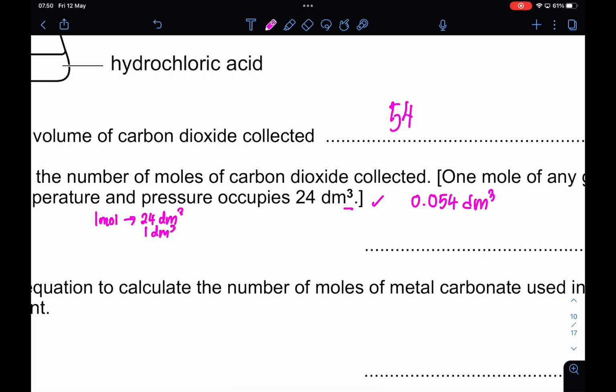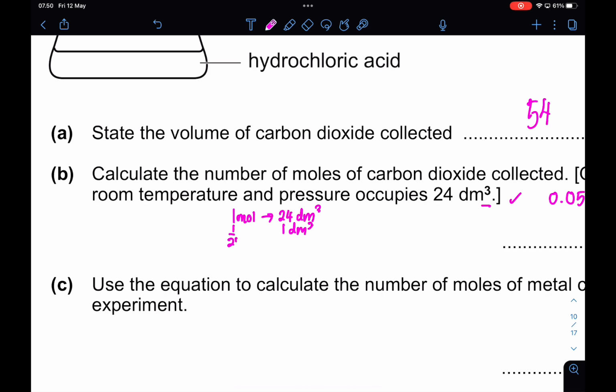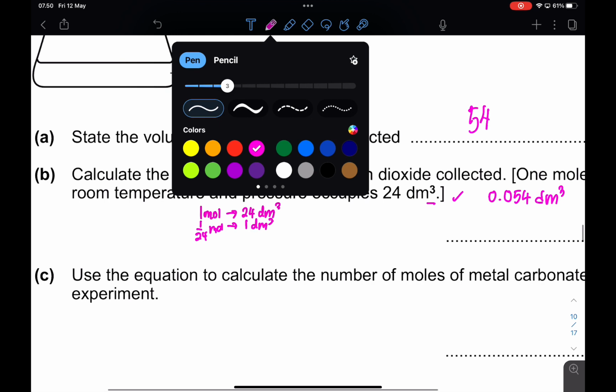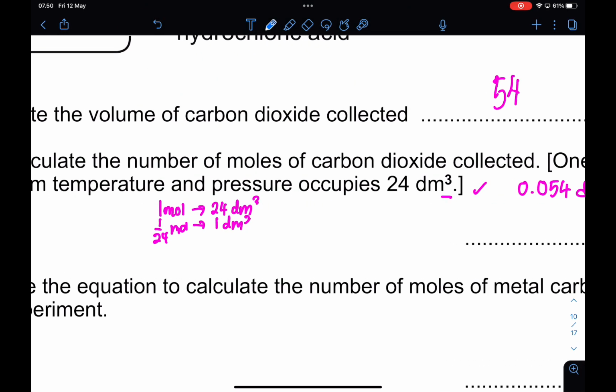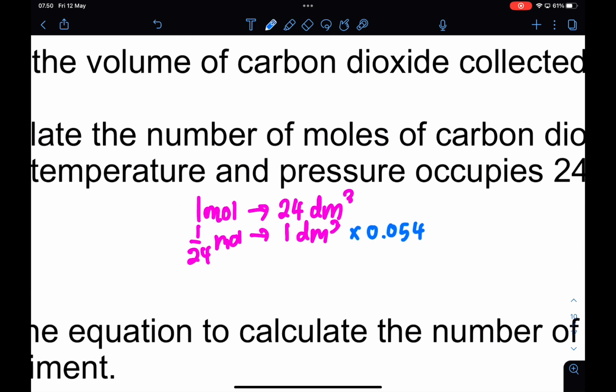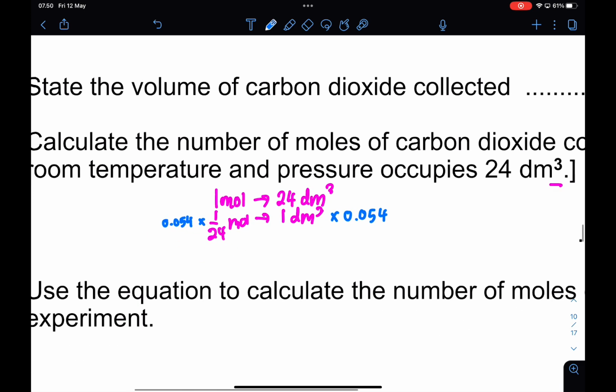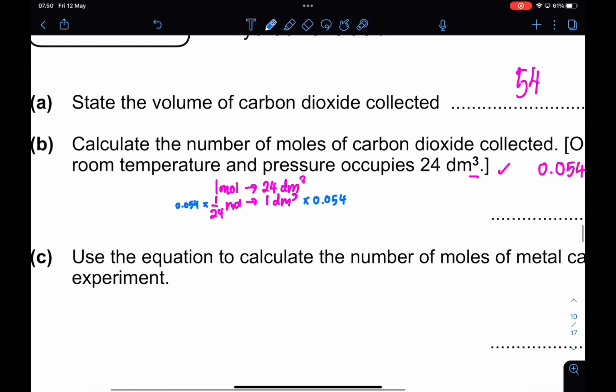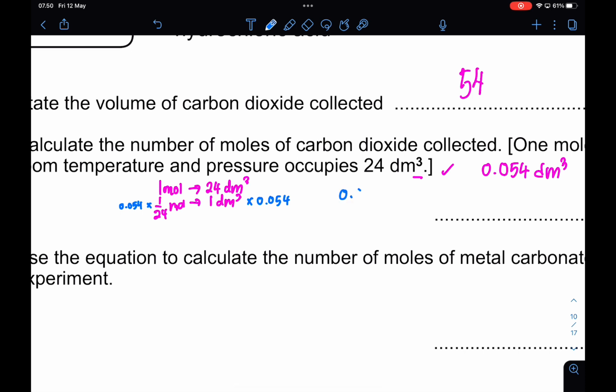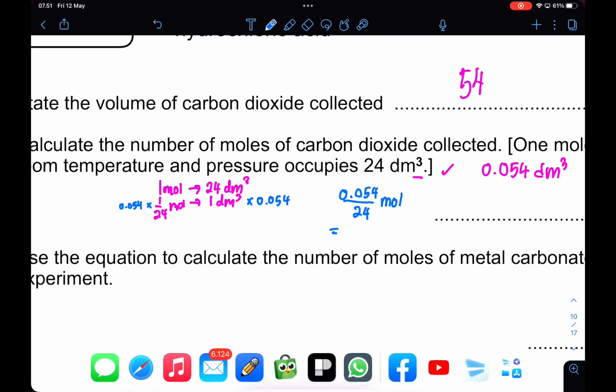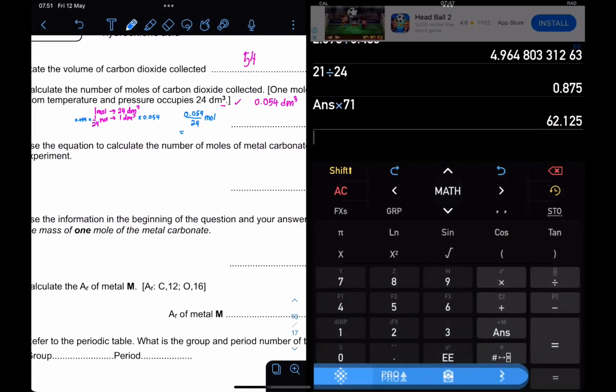And then use the same way that I taught you just now. 1 mole of any gas will have 24 dm cube. So 1 dm cube is 1 over 24 moles, and I am looking for 0.054, so times 0.054. So here also you need to times by 0.054, so we can get how many moles. So you just need 0.054 divided by 24 mole.